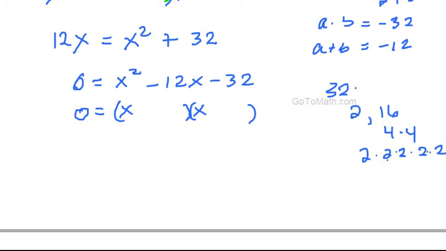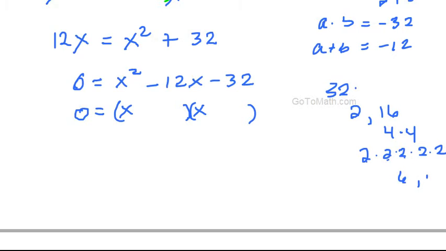So we looked at 4 and 8, and only one of them could be negative. 2 and 16, we looked at that. That's not going to work. 4 and 8, no, 4 and 8 can't work. 4 and 8, and then that would be 2, 4, 6.